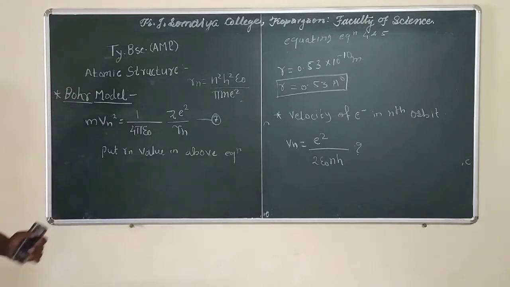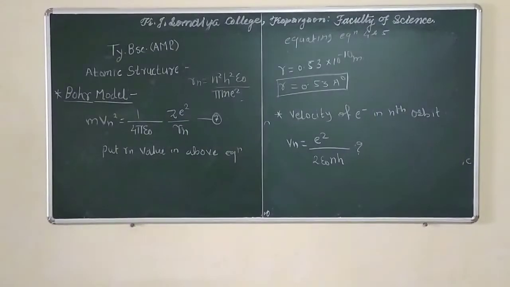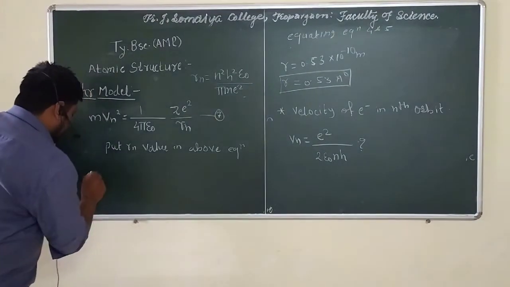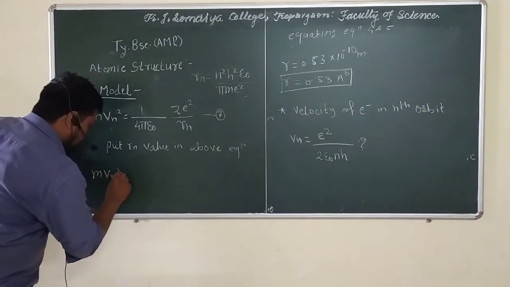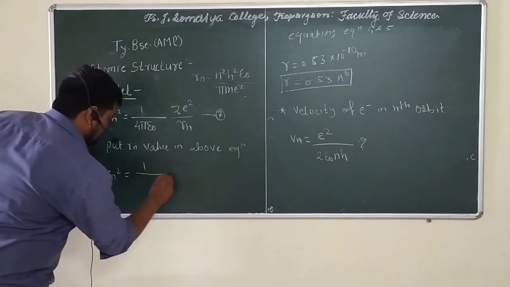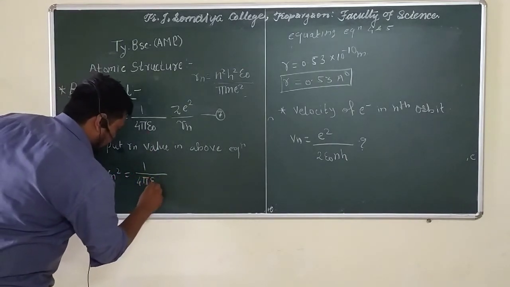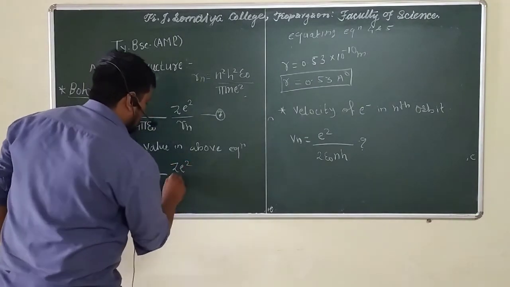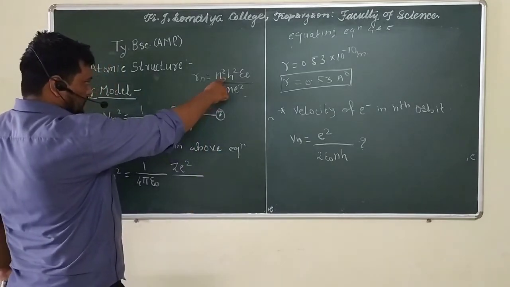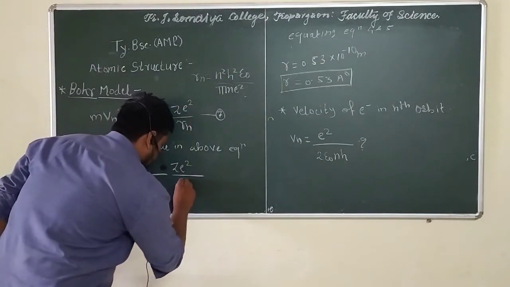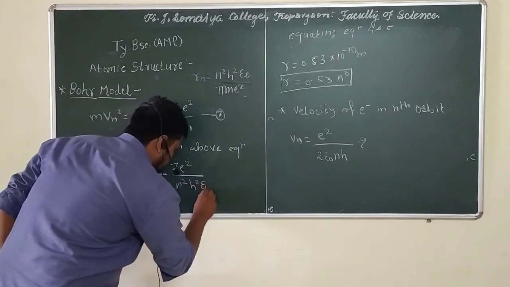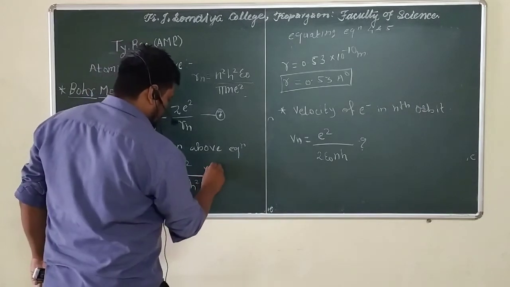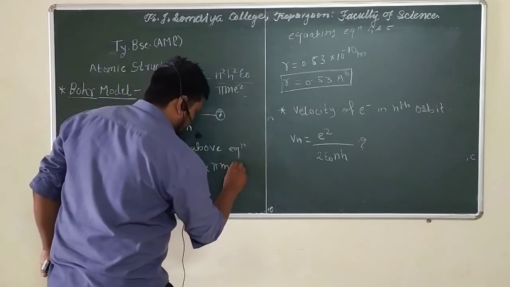So this value will become m into Vn square is equal to 1 upon 4 pi epsilon naught z into e square upon Rn, so n square h square epsilon naught, and this factor goes to numerator here, so into pi m e square.